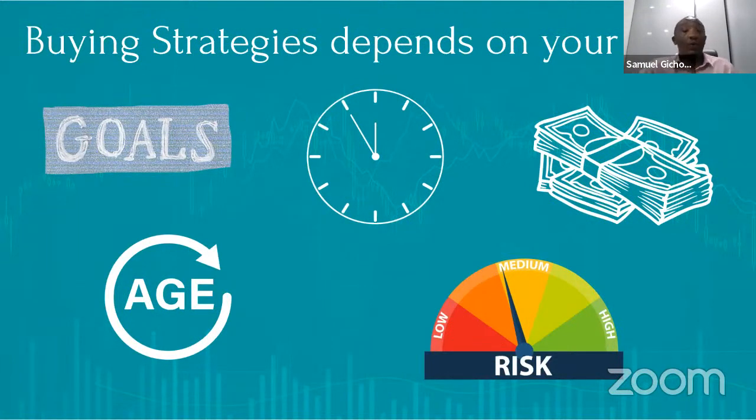And if you can invest for longer, it means you can take more risk. So chances are, if you're younger, you have more time to learn from your mistakes. You have more time to earn money. If you lose your money, you can get up and start over again and go out and try to earn money again. So there's a lot of things that work for you when you're younger.